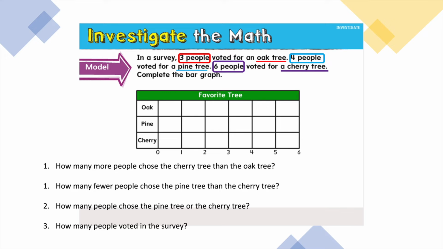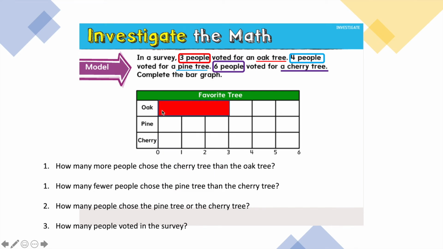So, like we mentioned before, a bar graph uses bars to show the information, to show data. So if oak tree has 3 votes, that means that where it says oak, I have to make a bar that goes all the way to number 3. See?